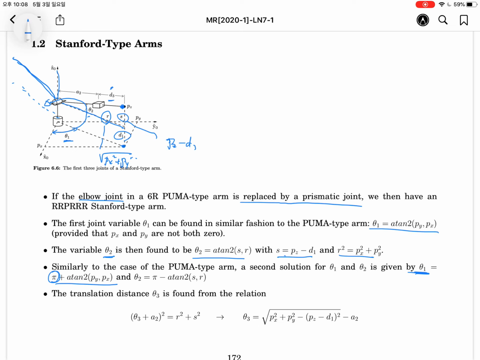Then let's apply to theta 2. Let's add pi to theta 2. Then we have this one. So pi minus atan 2 of s and r will show the same configuration by rotating theta 1 and rotating theta 2.